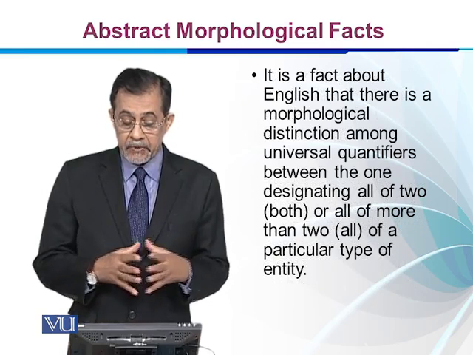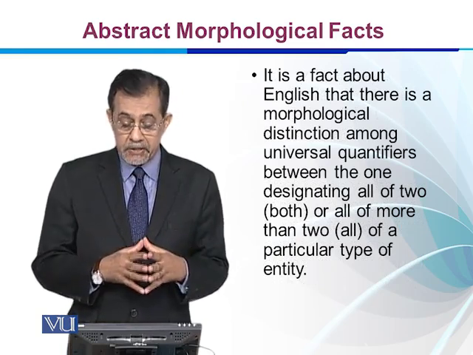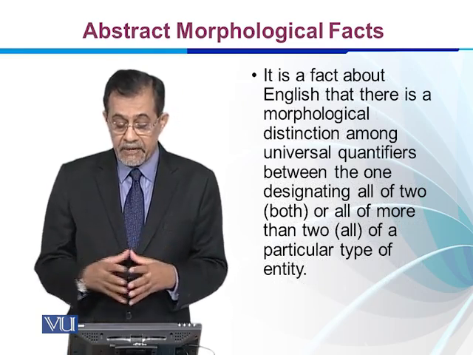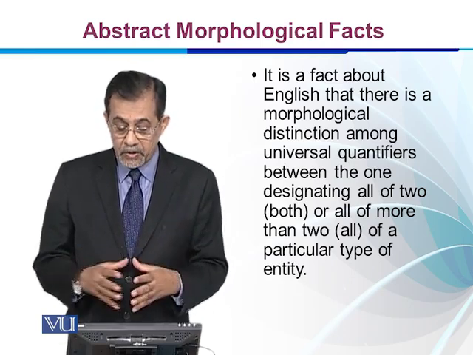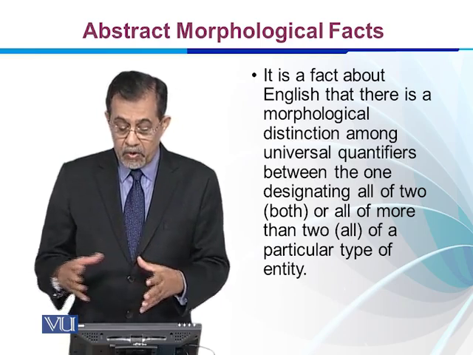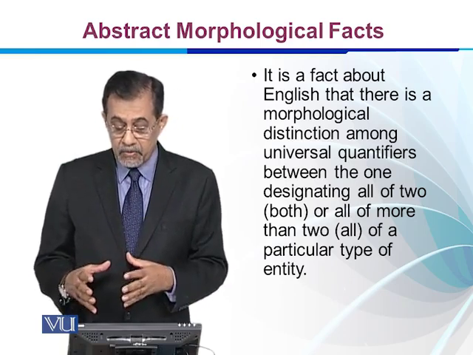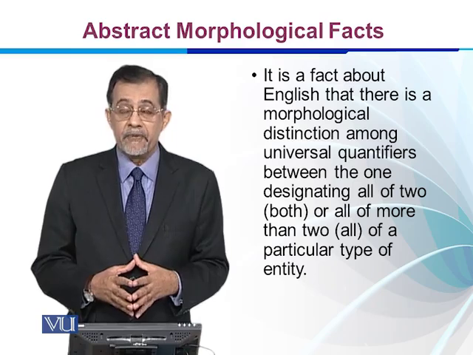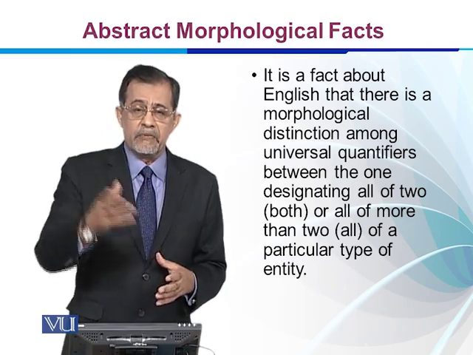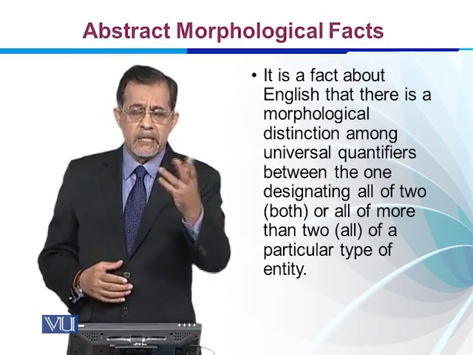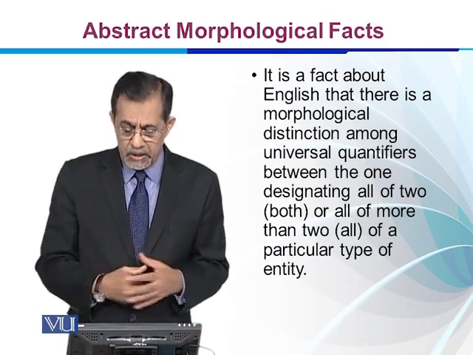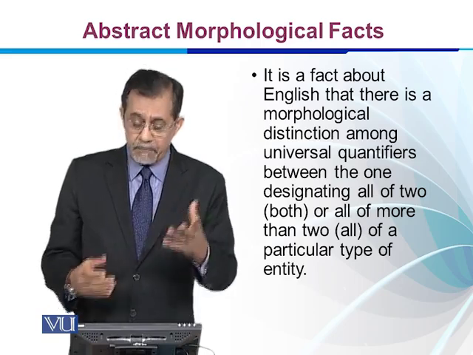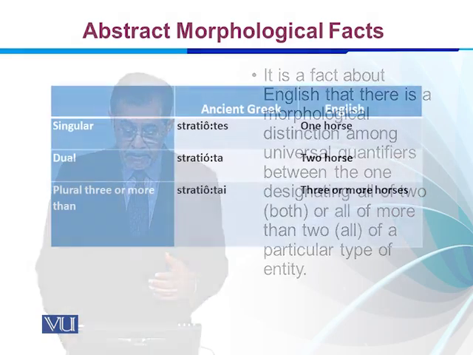It is a fact about English that there is a morphological distinction among universal quantifiers between the one designating all of the two or both, or all of more than two of a particular type of entity. So we know that when we are referring to a single thing, we have one, and when we are referring to more than one, we are using a plural morpheme, right?